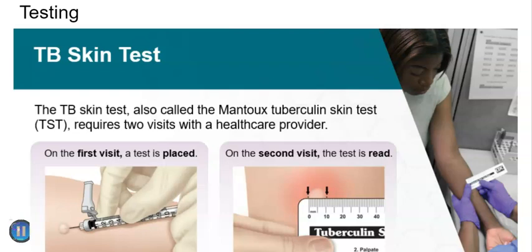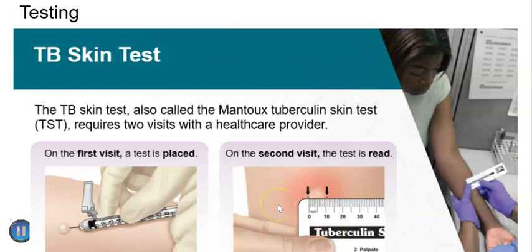And so you'll get that antigen injected, and you'll come back, it's 24 to 48 hours depending, and the healthcare provider will look at the site of injection. If you see a big swollen response with red all around it, and it matches up with the criteria that will be measured, that will show that you had a positive response.